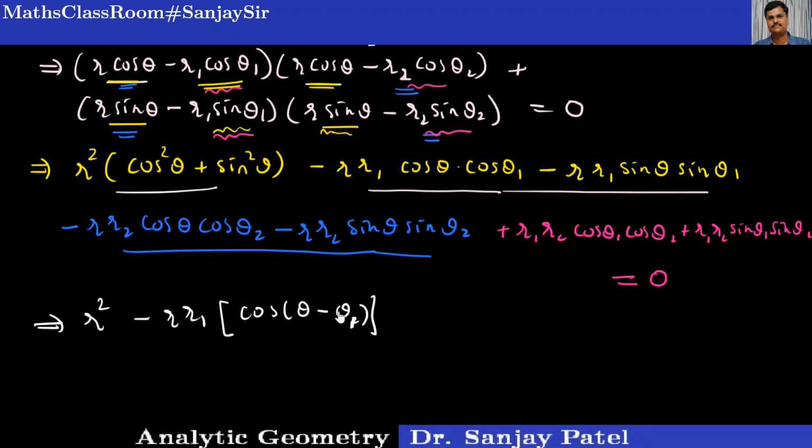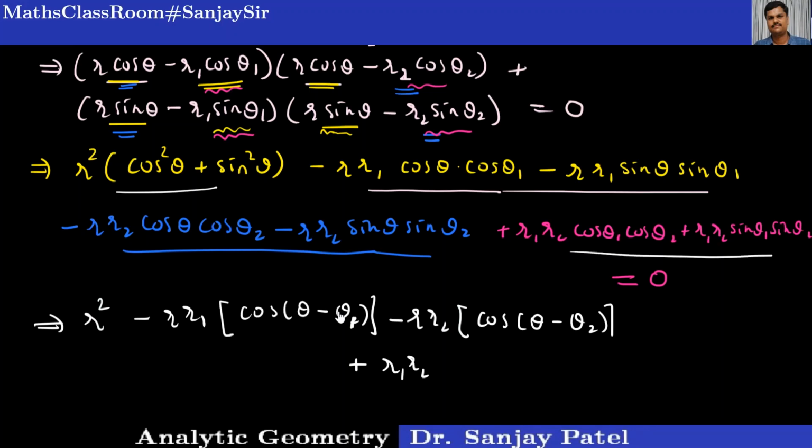Taking r2 common, minus r r2 from this blue underlined group, what remains is cos theta cos theta 2 plus sin theta sin theta 2, so you'll get cos of theta minus theta 2. Finally from the last group, r1 r2 times (cos theta 1 cos theta 2 plus sin theta 1 sin theta 2) remains, and we get cos of theta 1 minus theta 2, and this is equal to 0.